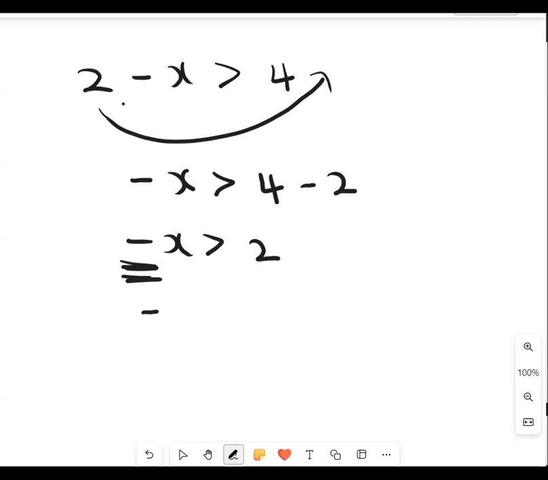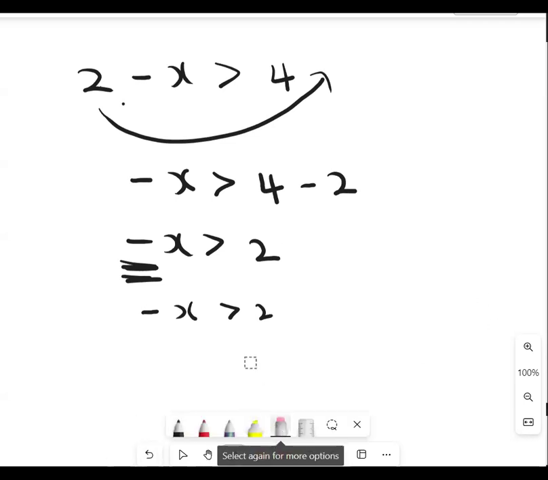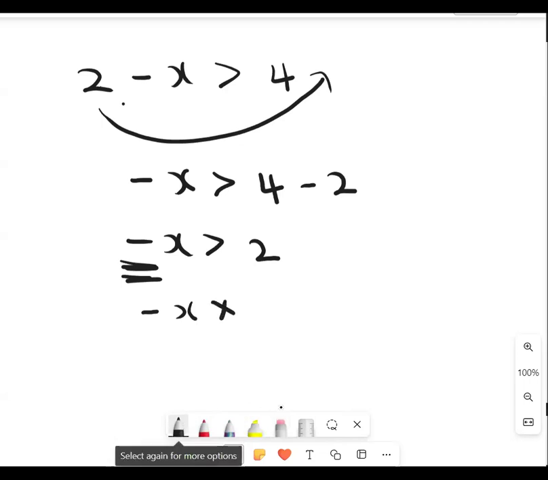When you do that, minus x becomes positive x, 2 becomes minus 2, and you turn around the inequality sign.